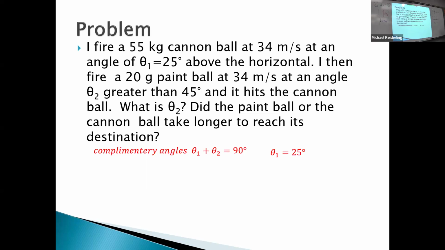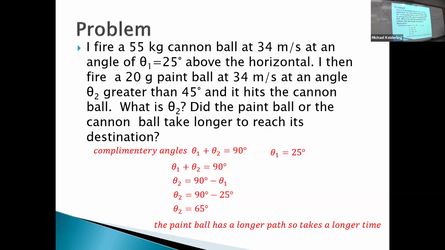Theta 1 is 25 degrees. So theta 1 plus theta 2 equals 90 degrees. So theta 2 is 90 degrees minus theta 1. 90 degrees minus 25 degrees is 65. So 65 degrees is going to be the angle of the paintball.